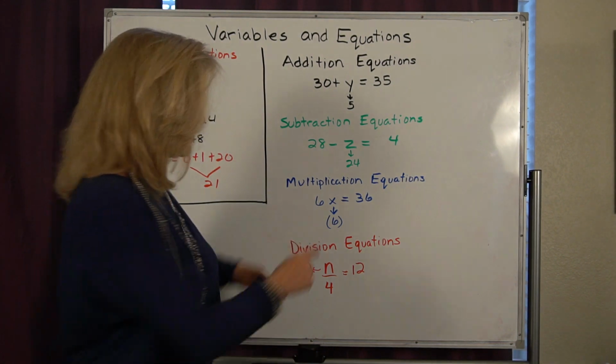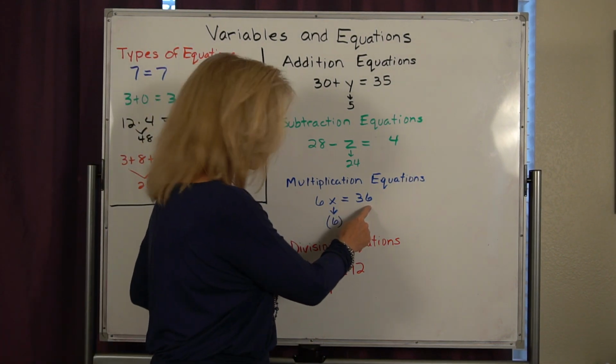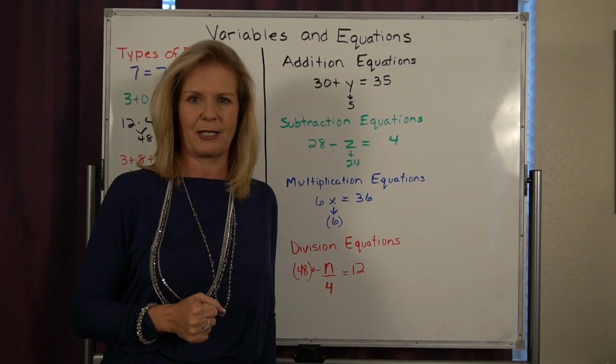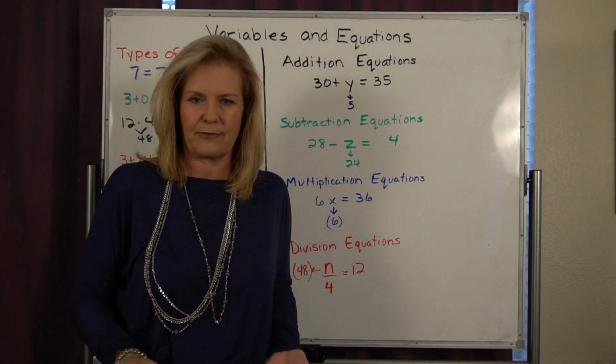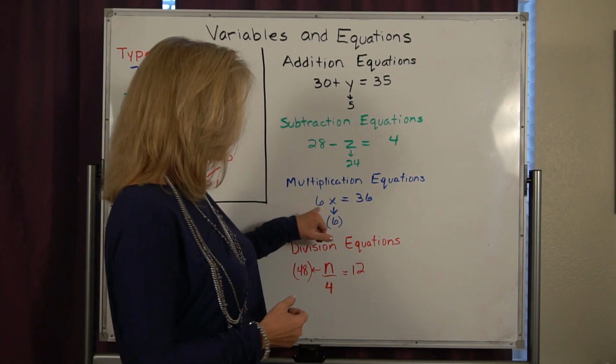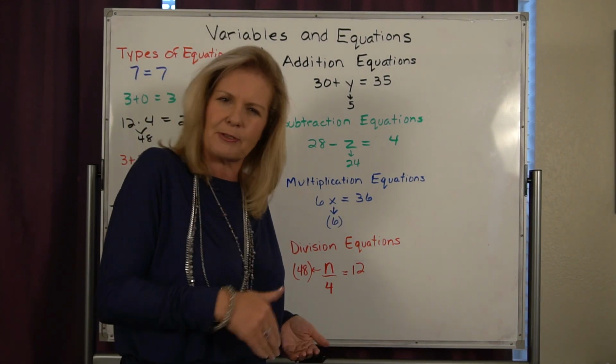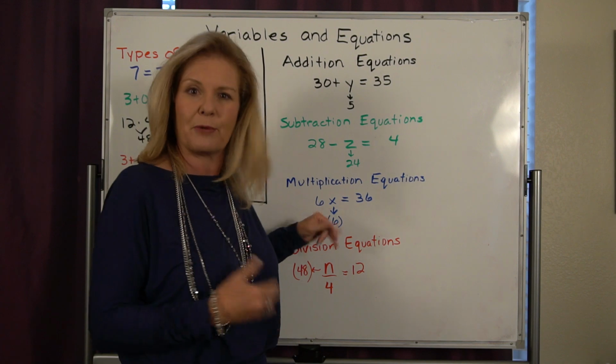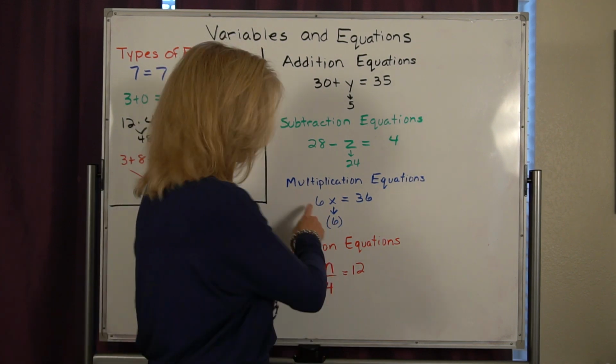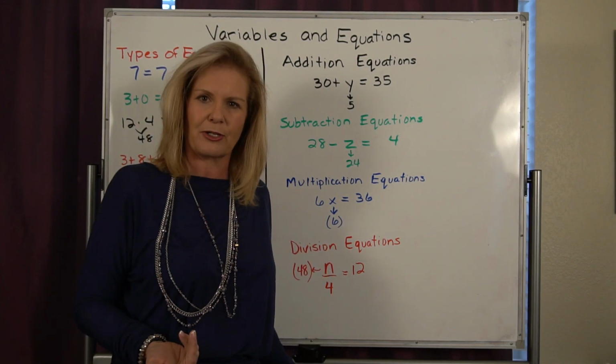For multiplication, I know if this side is 36, then this side has to be 36 by definition of an equation. Well, if I have 6 times some number, what's the only number I could substitute in for x that would equal then 36? Well, 6 times 6 equals 36.